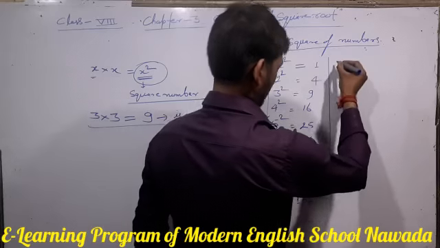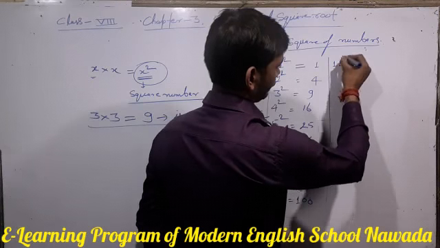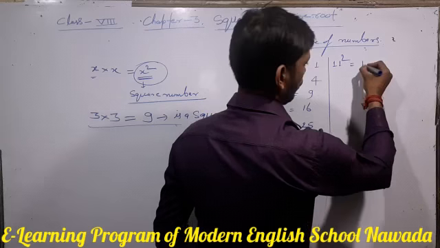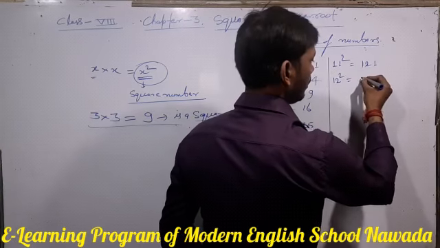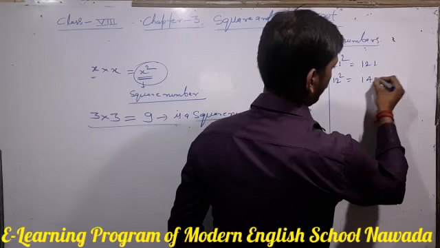Again 11 square equal to 121. 12 square equal to 144.